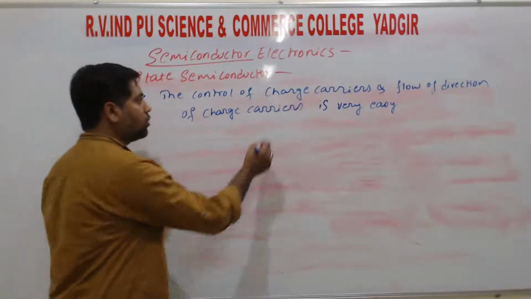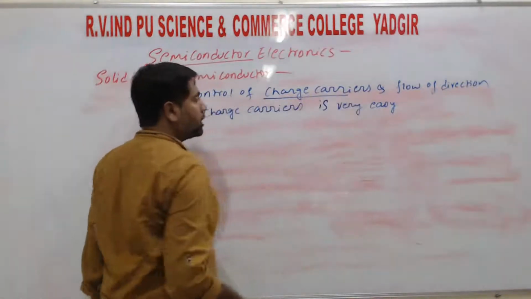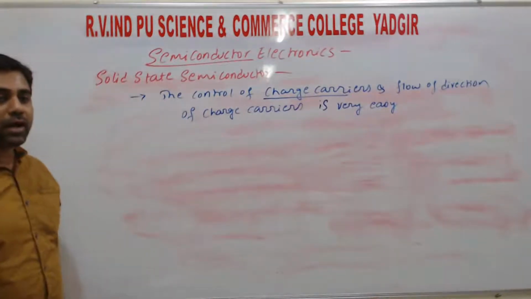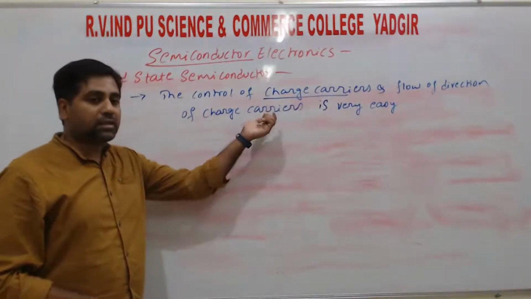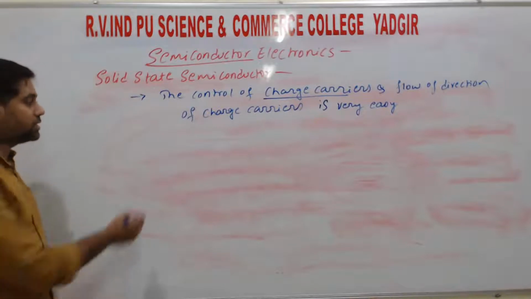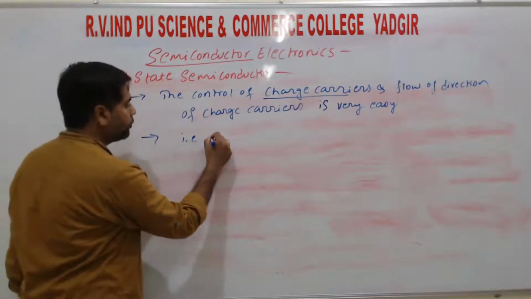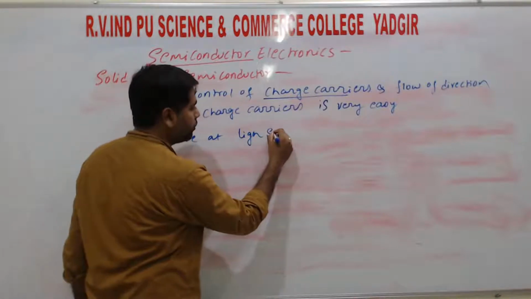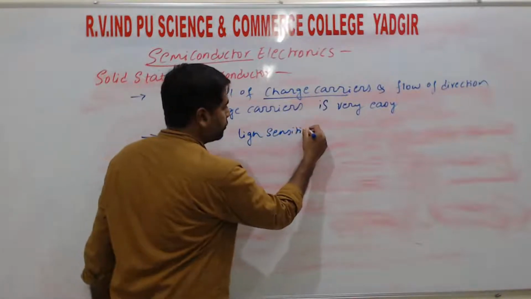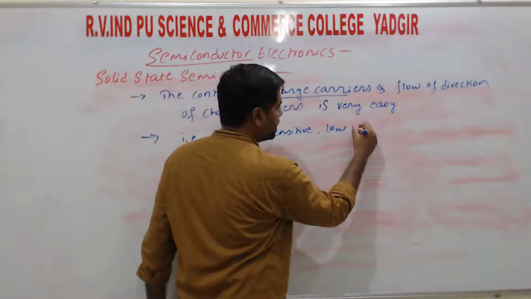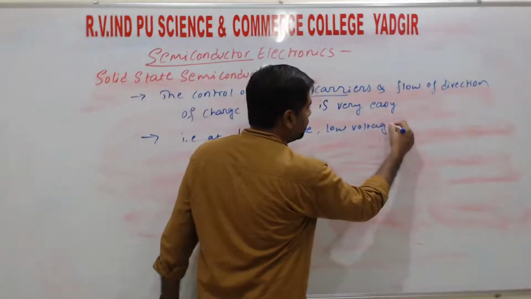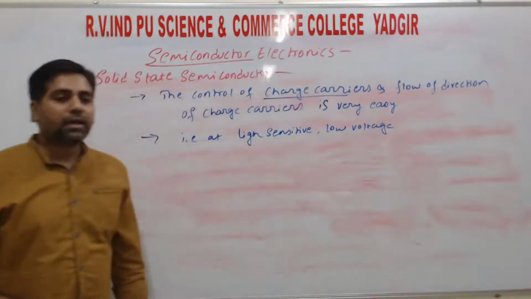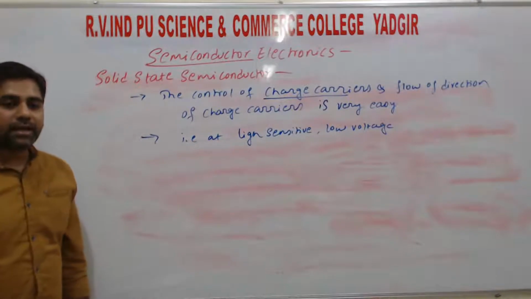That means the control of the flow of charge carriers, which is nothing but the flow of electrons that we are controlling, is very easy. That means at very low voltage, it emits the charge carriers, right?